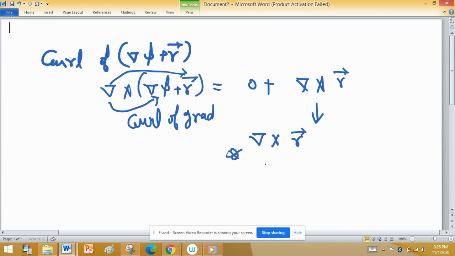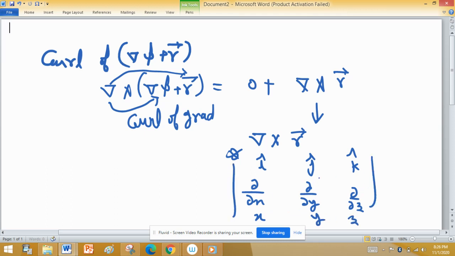So this is i hat, j hat, k hat. I'm using matrix notation: del upon del x, del upon del y, del upon del z, and the constituents of r are x, y, z.